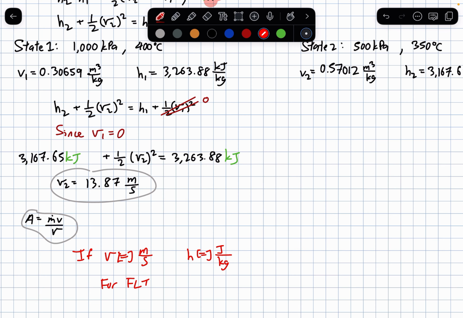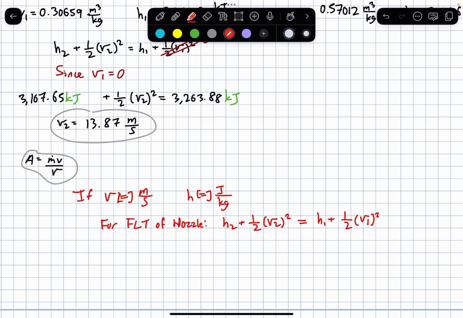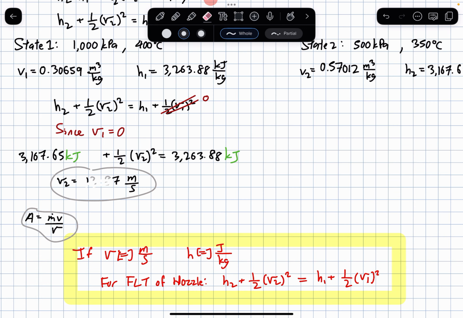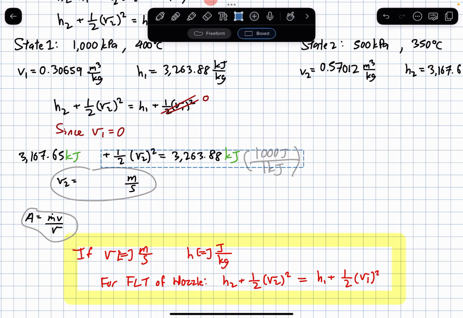For an FLT of a nozzle, which is typically h2 plus 1/2 velocity 2 squared equals h1 plus 1/2 velocity 1 squared. These are the rules you have to know if you encounter a nozzle thermodynamic device, such as what we're encountering right now. So we have to convert 1 kilojoule to 1000 joules. We just multiply by 1000 on both sides.